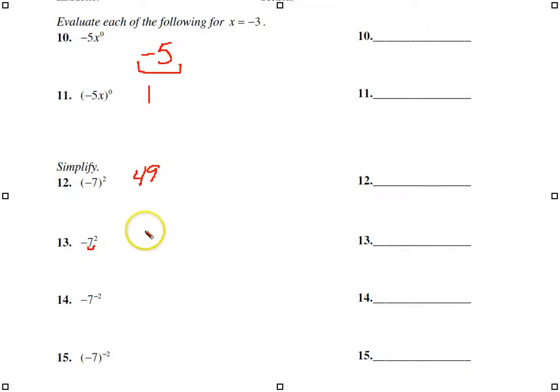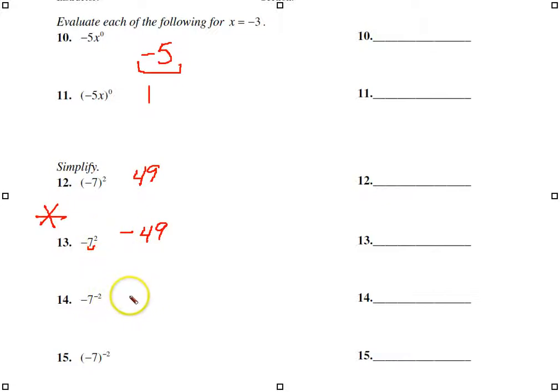So as we square 7, we get 49. But now we apply the negative sign. So this is something you should put a star by. That this one, because the negative is included as part of the base, that's what you square. -7 times -7. Here you're just squaring the 7, then applying the negative.